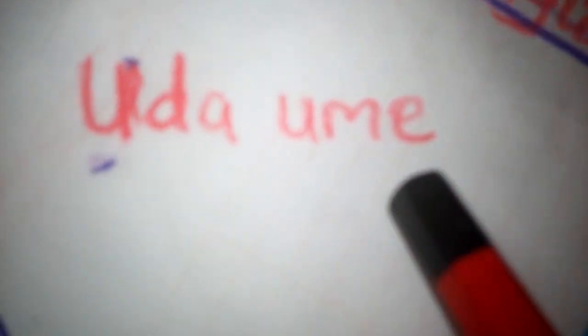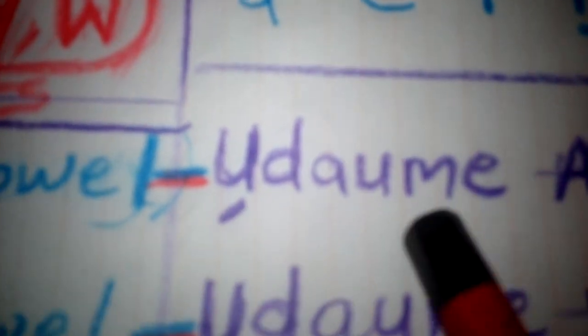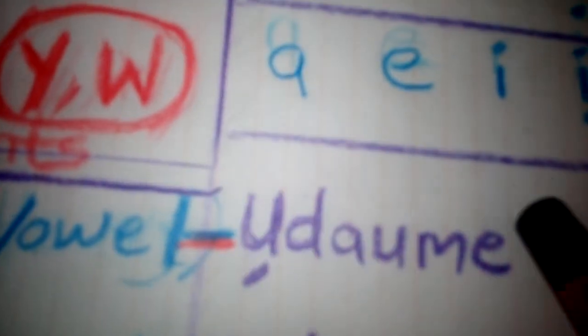When you call oda ume, it is like sound of breathing. Now they want to use this sound of breathing as a name, so that's why they put it together, so it forms a name. Here is just two words. So this is the correct way.